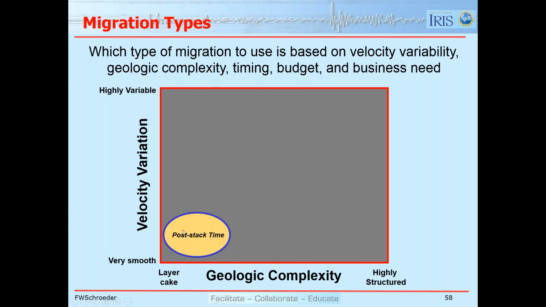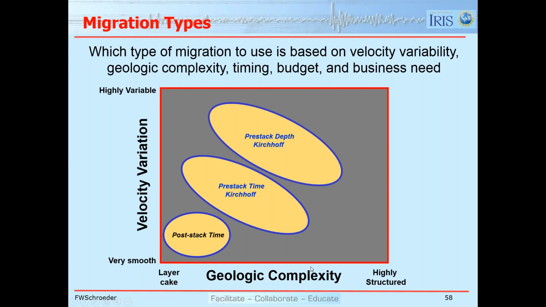And so if the geology is not very complex and the velocities are only varying very smoothly, post-stack time migration is probably the proper way to go. If the geological complexity gets a bit more intense and the lateral velocity variations become more significant, then we would do pre-stack time migration.